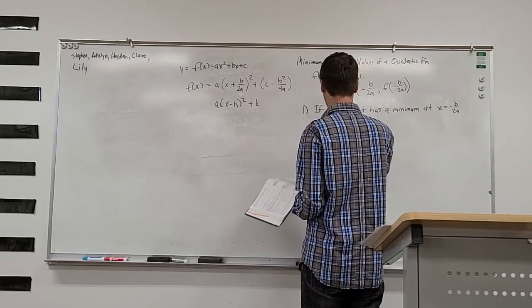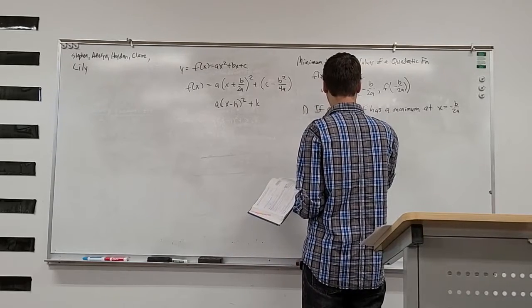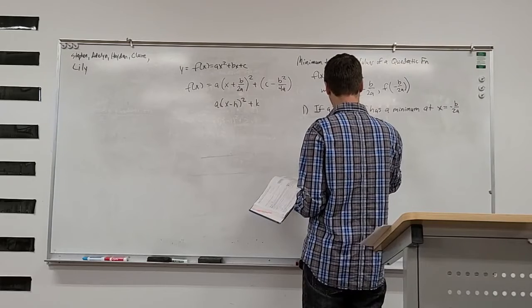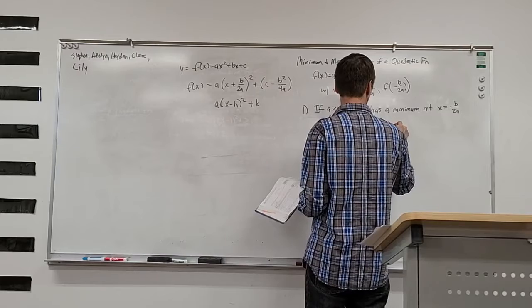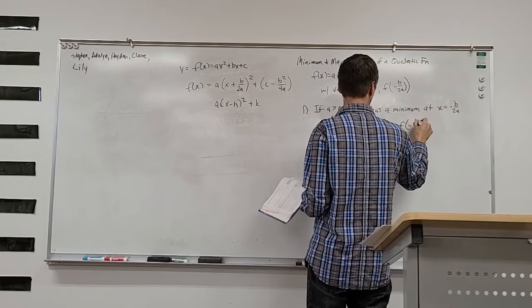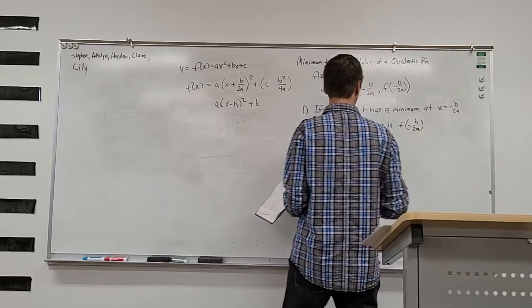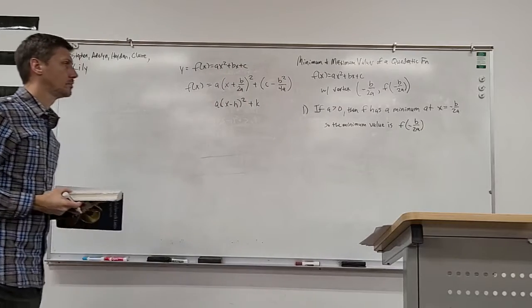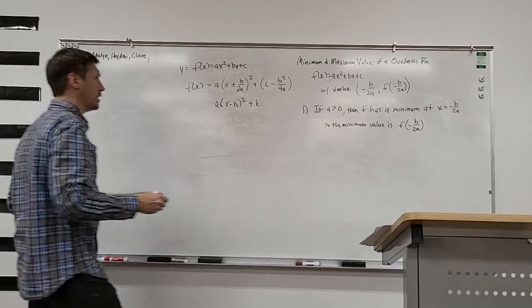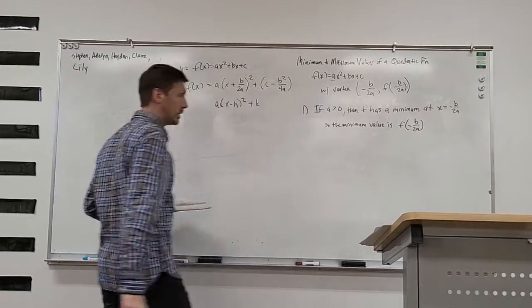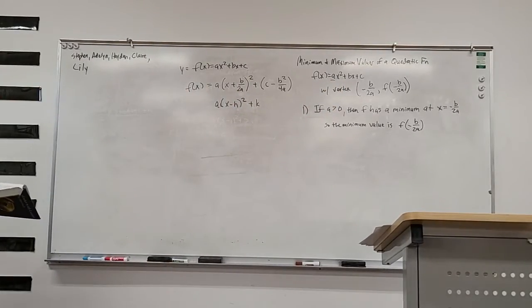So the minimum value is f of negative b over 2a. So if a in our equation is greater than 0, which means our parabola is going to open which way?